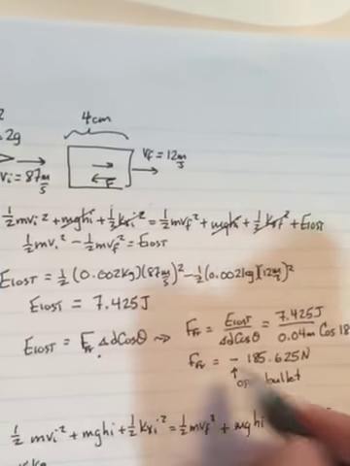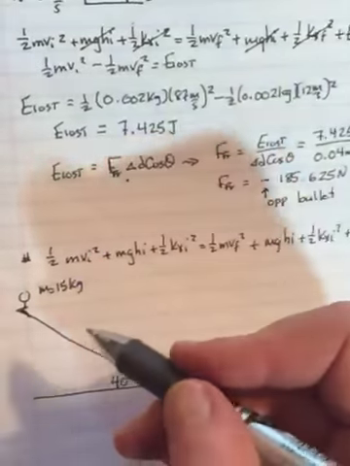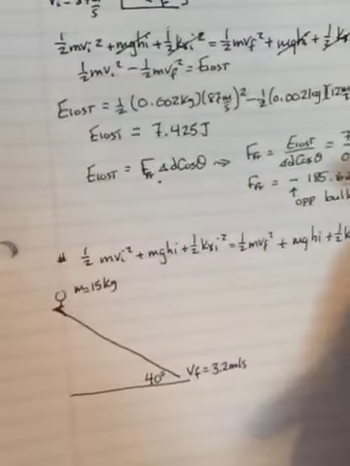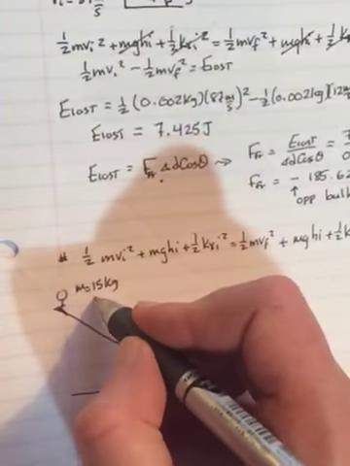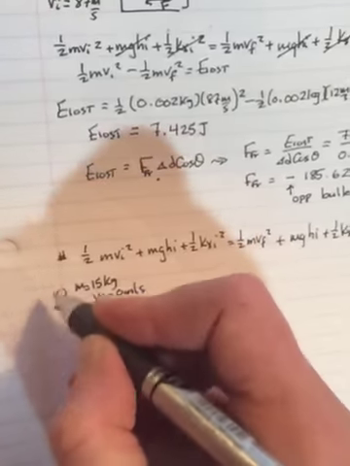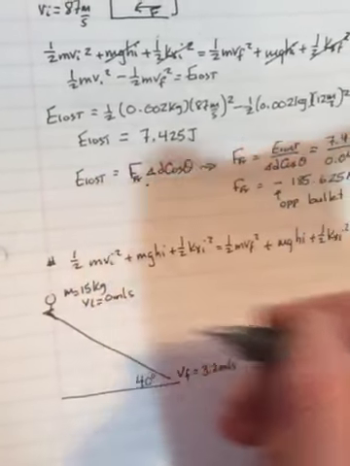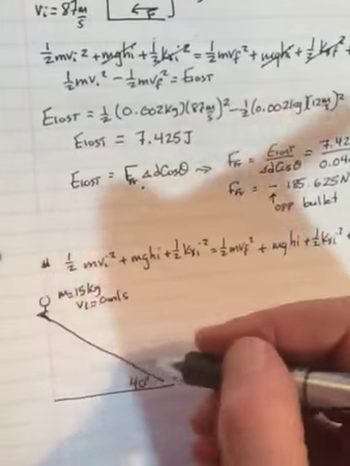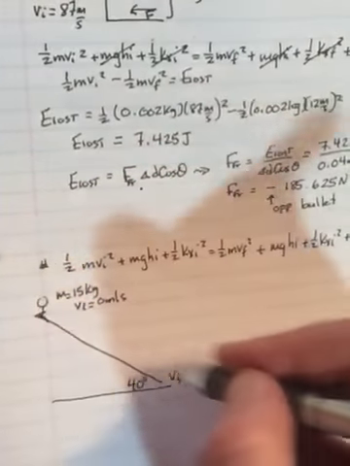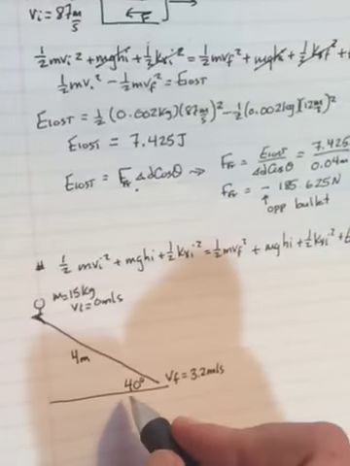Okay? Done. One last question from last night, and that was the kid on the slide. So the kid's sitting at the top, not one of those playground bullies that runs up and fires themselves over the top of the slide. Kid's patiently sitting at the top, waiting for the kids down below to move, so VI is 0. We don't actually know how high the kid is, because it says the length of the slide. So we know the hypotenuse is 4 meters.